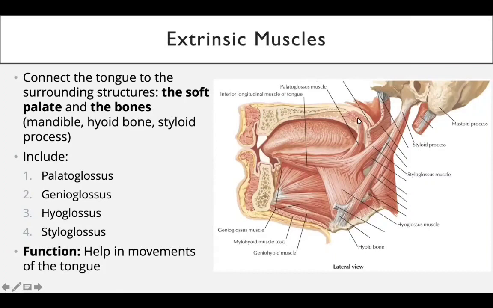Okay. Remember this muscle. And these are the bones. In front, this is mandible. Here is hyoid, that's why hyoglossus. Styloid process, styloglossus. Palatine, soft palate, palato, and because it is attached to the tongue, palatoglossus. Okay, and towards the median is genioglossus. Function helps in movement of the tongue.